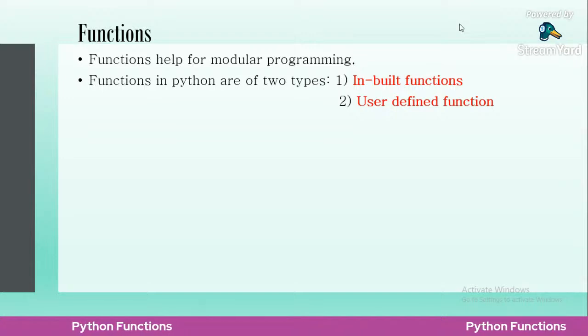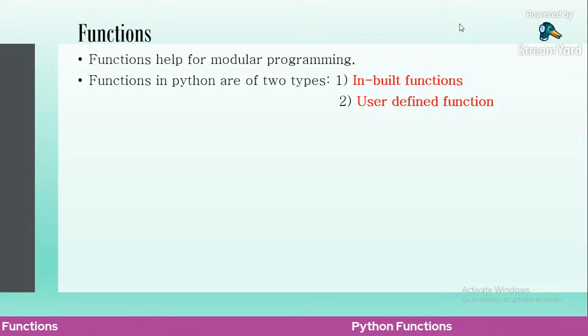But the other type is the user-defined function. If I want to do something regularly, for that purpose I can write my own function, and that function can be called in the Python environment to perform some operation. Whenever I write a function myself, that is called a user-defined function.